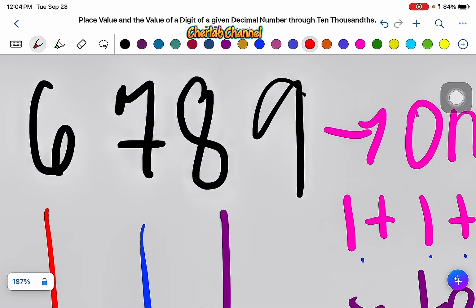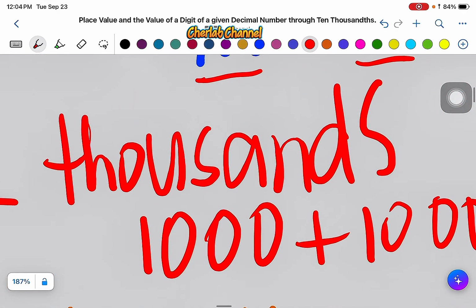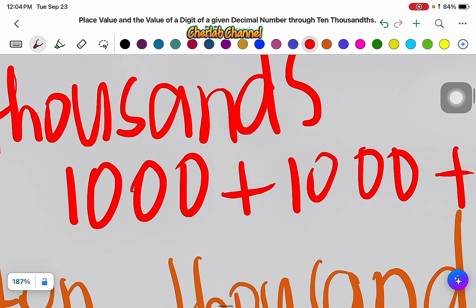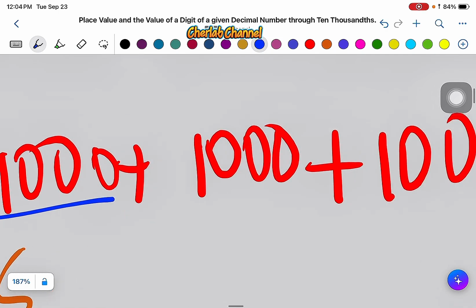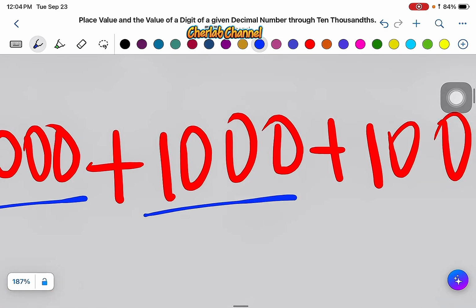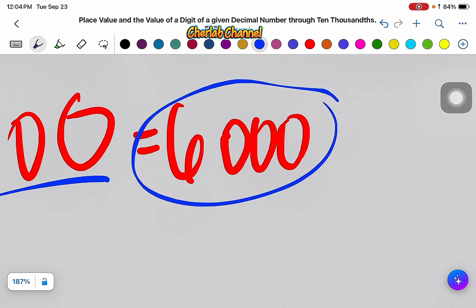And number 6 would be our thousands digit. Okay? Meaning, 6 na tig-iisang libo. 1,000, 2,000, 3,000, 4,000, 5,000, 6,000. Alright?